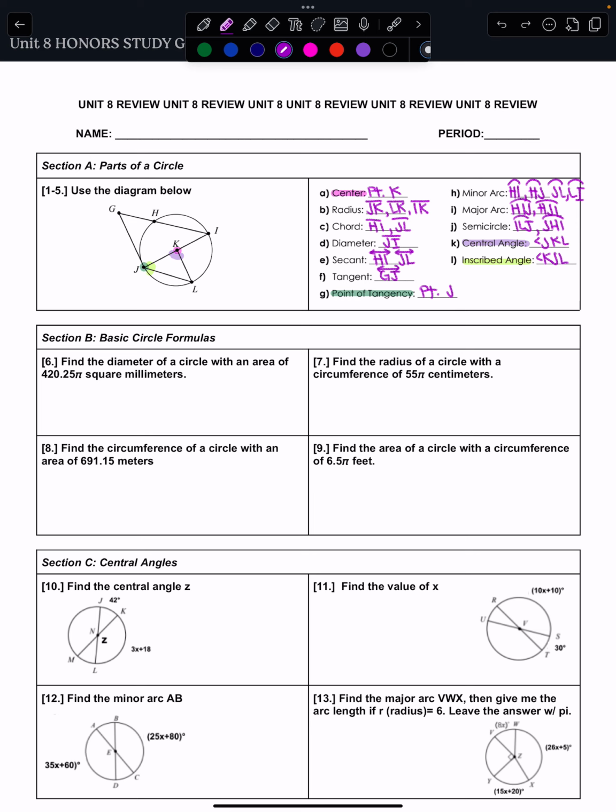I also have one at KLJ and HIJ. There's a ton of inscribed angles just because there's a bunch of points on that circle. So that is section A. Please go over our notes on 8.1, parts of a circle, to be familiar with the different parts that will be asked in section A.